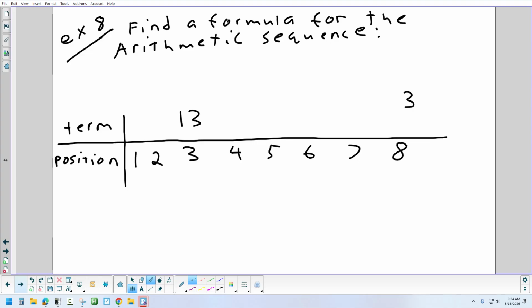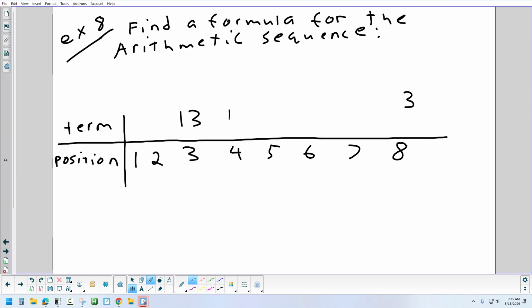That's 5 jumps, and you have to move 10 units. So if you take 10 units and split it up into 5 jumps, how much is each jump? And be careful in this case because it goes from 13 down to 3. Negative 2. Each jump is we're going down 2.